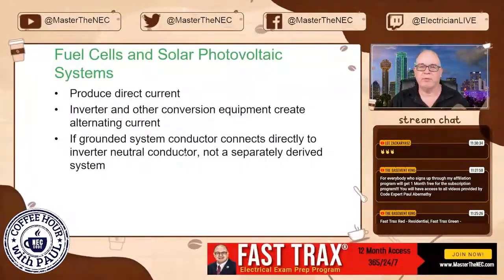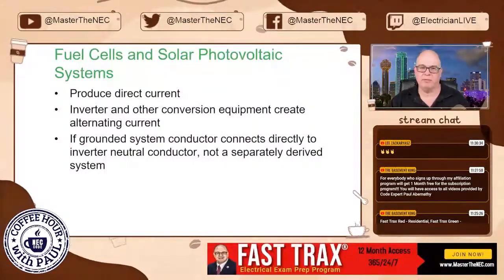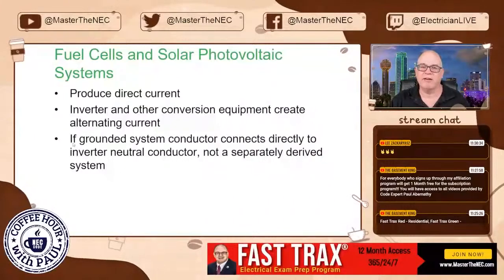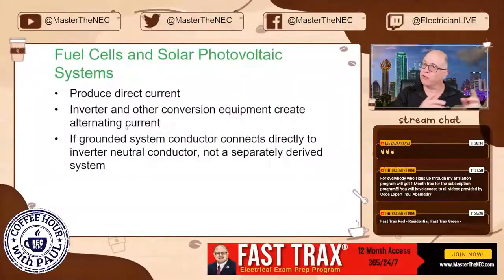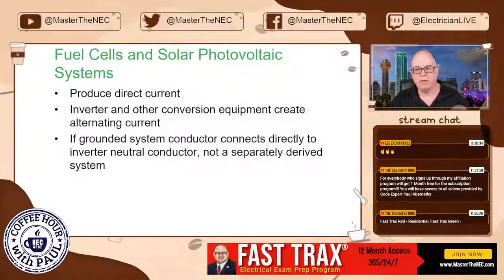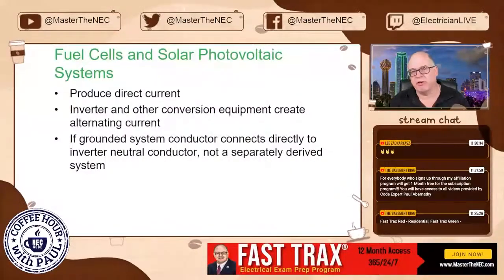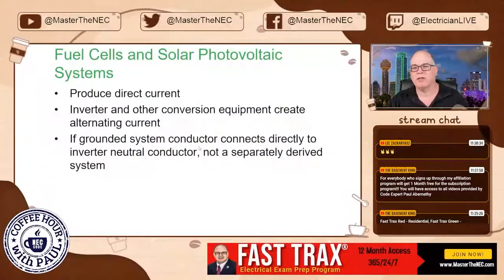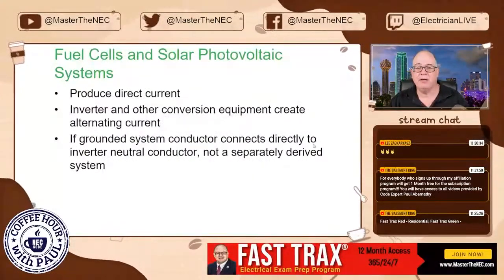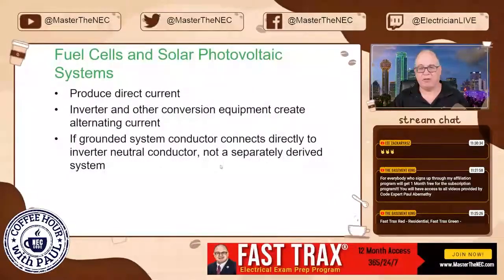Fuel cells, for example, and solar PV systems, provide DC current. Remember I said earlier, inverters and other conversion equipment create alternating current. So it goes from DC through an inverter or some other type of conversion equipment, and alternating current, creating a sine wave, comes out of it, right? If grounded system conductors connect directly to the inverter's neutral conductor, then it is not a separately derived system.